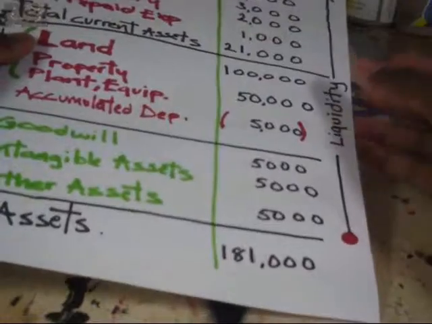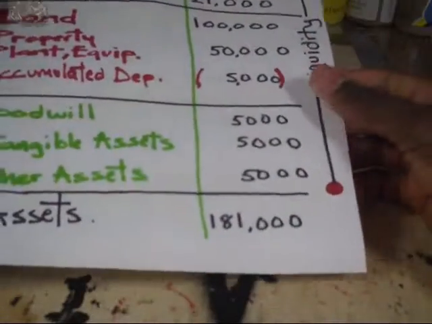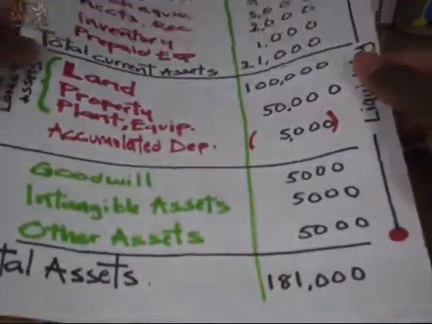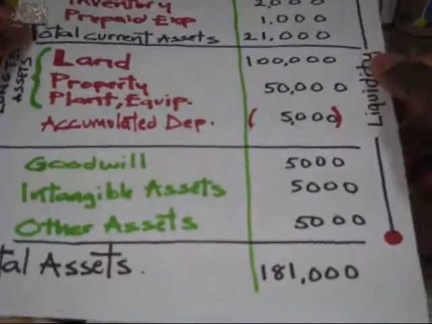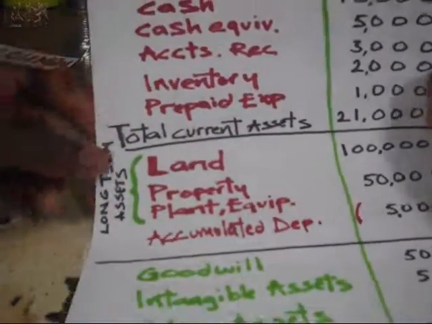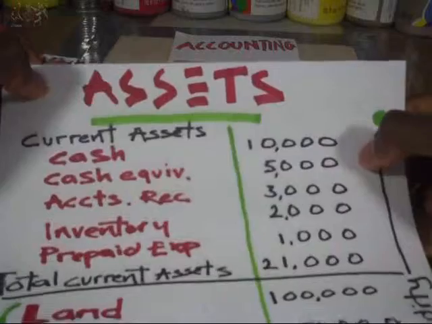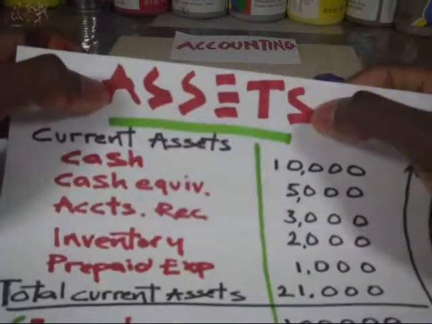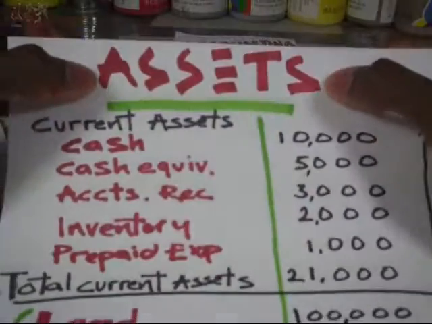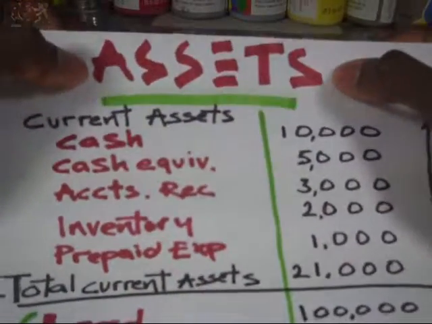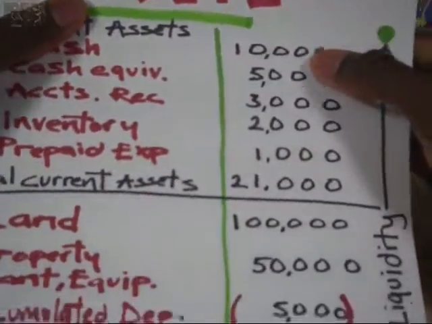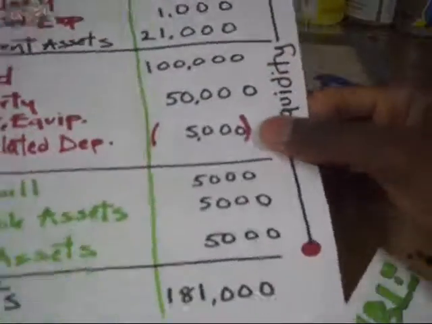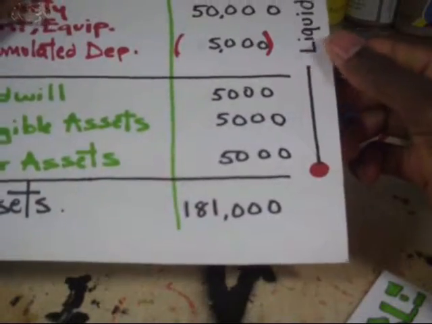So when I put together our balance sheet in another video, we're going to take this exact same asset side and try to figure out how we paid for all these things. So remember, we possess these assets. These are things that we're going to use to make our company successful. They are resources. They have monetary value. In this case, $181,000 worth of value.